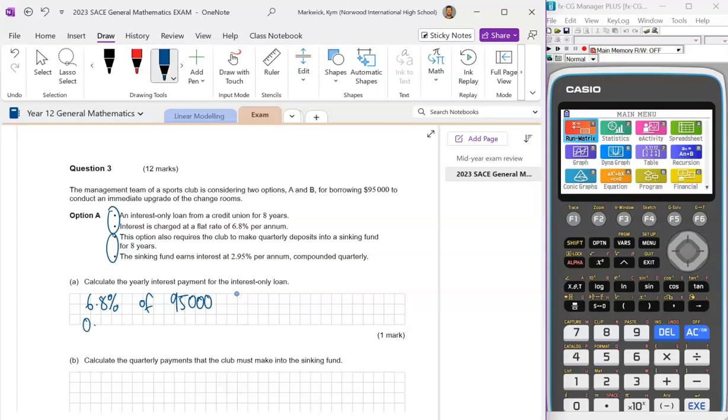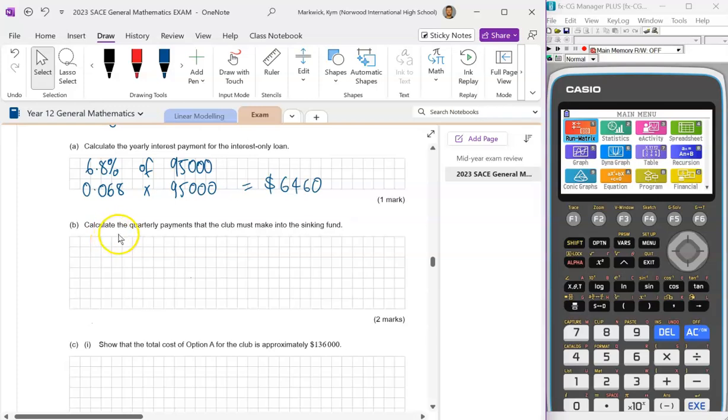Mathematically, that is 0.068 times 95,000, which is a simple calculation you can do on the run function or on your scientific calculator, which will give you $6,460. So that's how much interest they have to pay per year for 8 years for that simple interest loan.